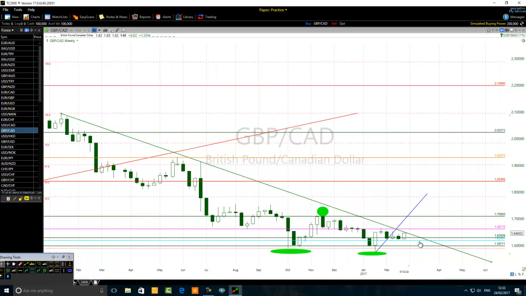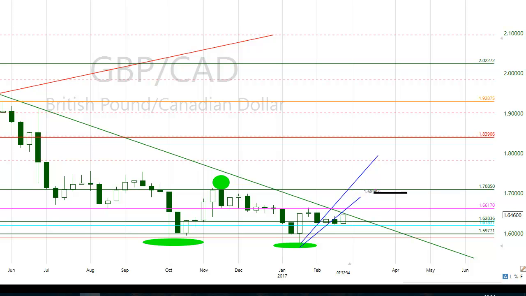Right now the price is on the edge of it, so some traders will try to sell it. To be honest with you, if one wants to be bullish, one wants to break above that bearish trend line and pull back to form a higher low or retest the bearish trend line. Something like this will be good.